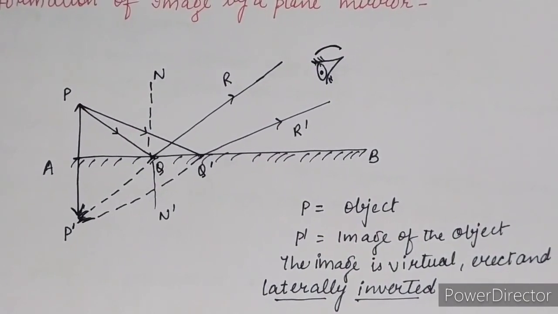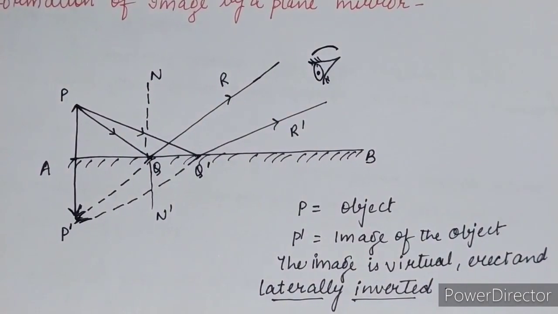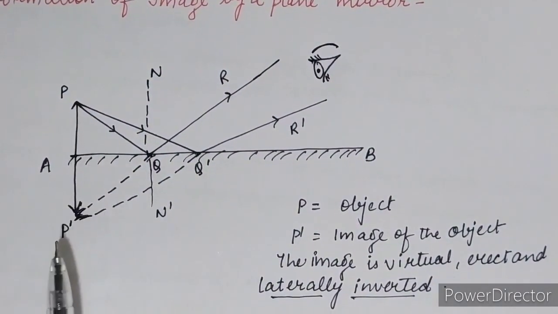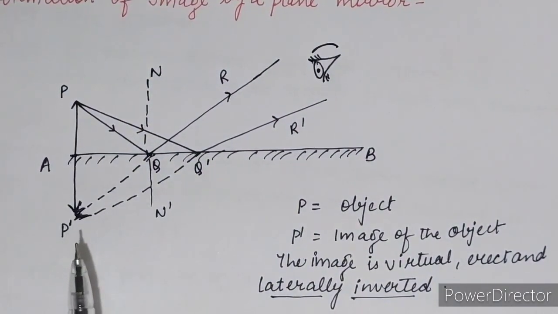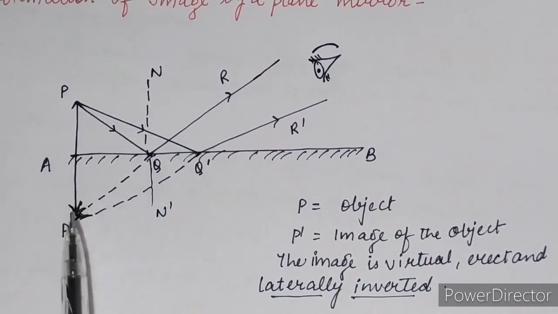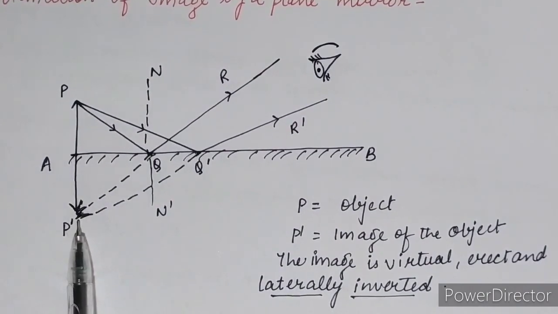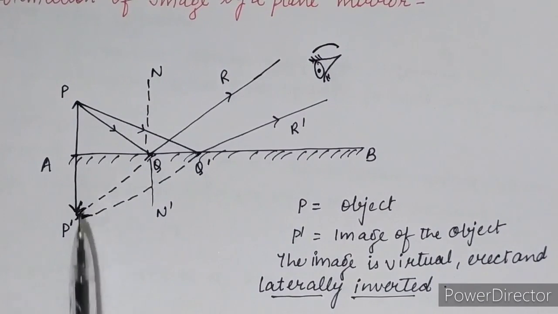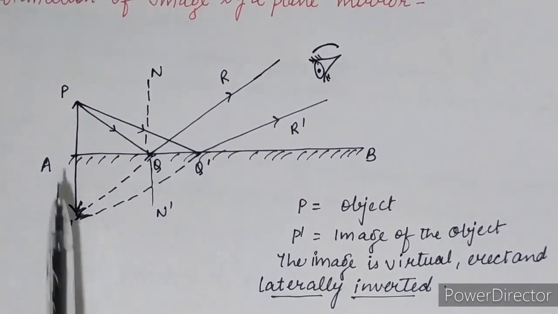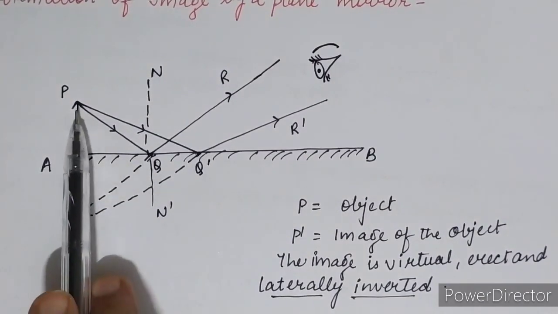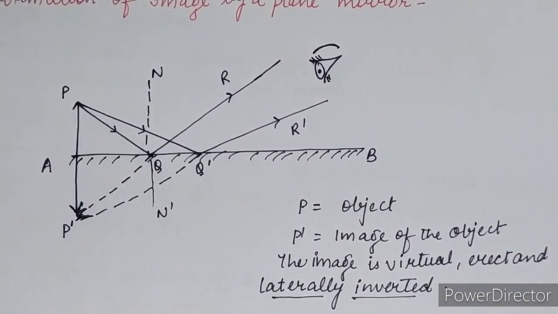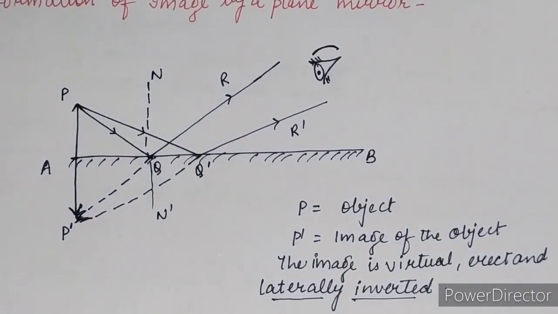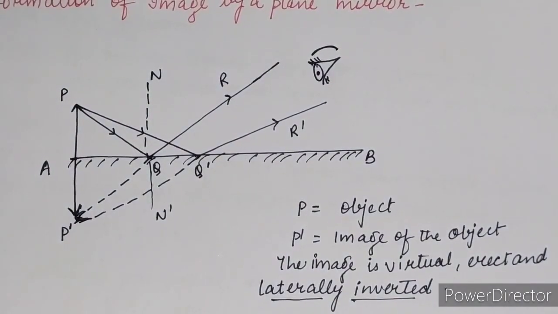And the second thing is that the distance of the image from the mirror is always equal to the distance of the object from the mirror. The size will be the same, the length will be the same, the distance will be the same, the height will be the same.